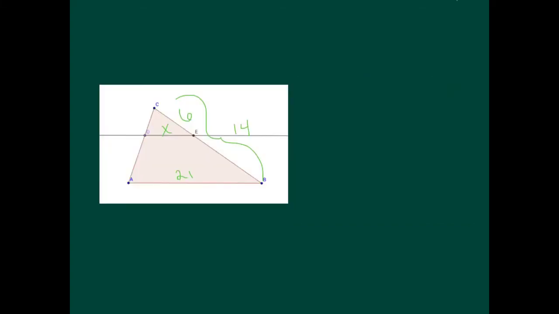So in this example here, we're comparing one whole side of the small triangle, this right here, to the whole side of the large triangle. And I can split that up to make it a little bit easier to see. We have 6 and x compared to 14 and 21. So this should be pretty easy for us to solve.